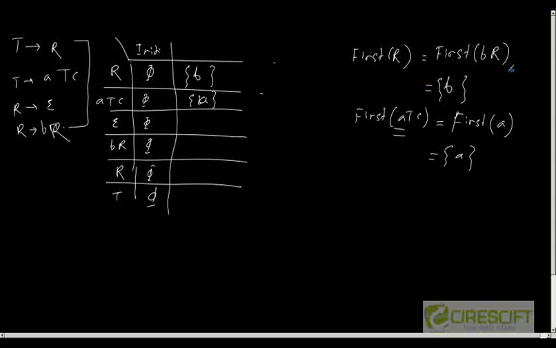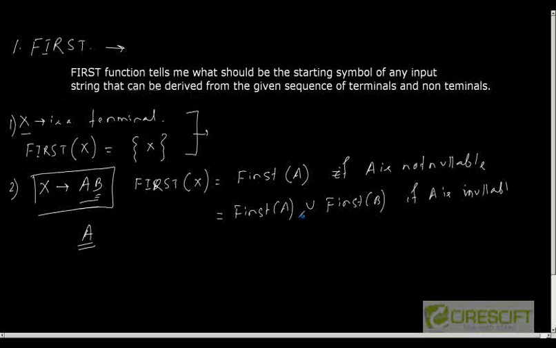First of R is first of BR, and B is not nullable, and that is why we apply this rule. So first of X will be first of A, so I can say first of X is equal to first of AB. That will be first of A if A is not nullable, and first of A union first of B if A is nullable.